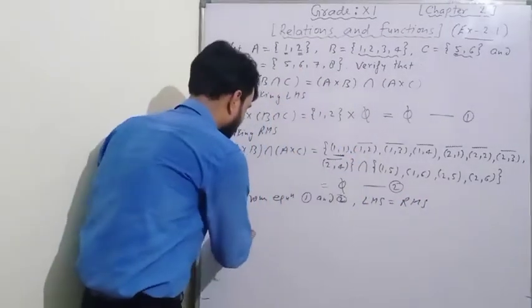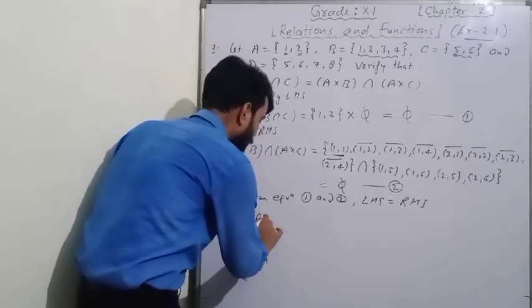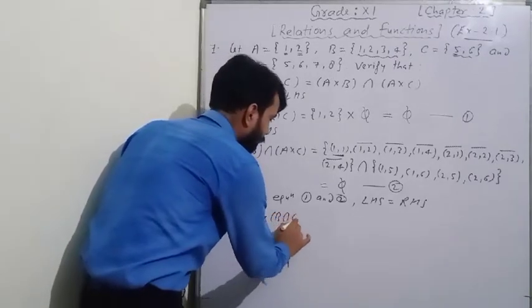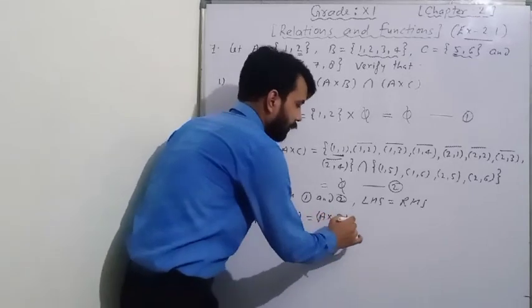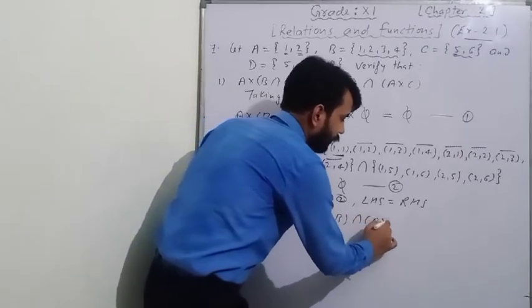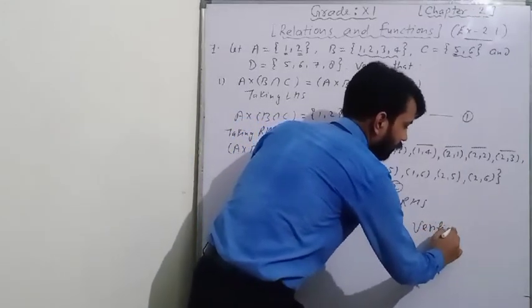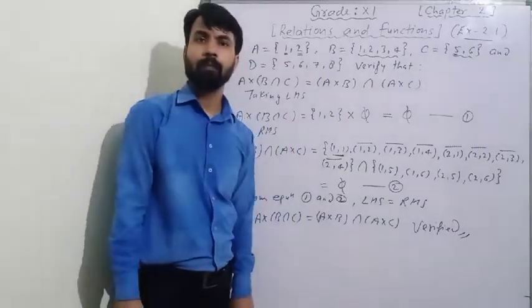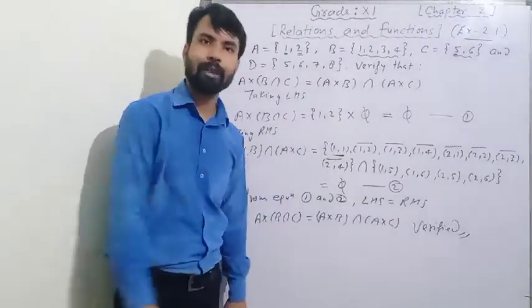Hence, we can say that A cross (B intersection C) equals (A cross B) intersection (A cross C). Hence it is verified. Clear? Is it clear? Good. Pause the video and note it fast.